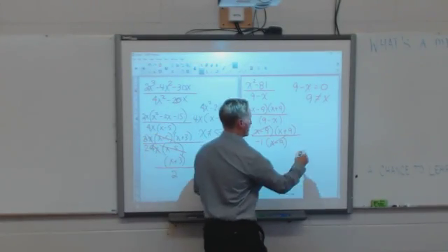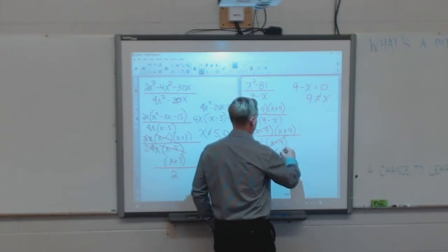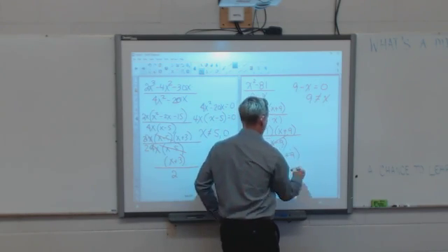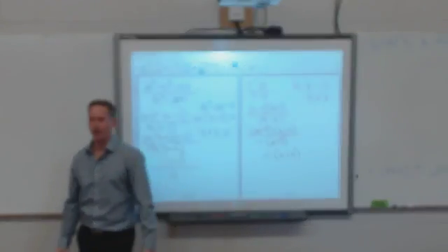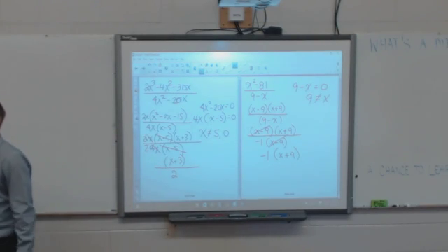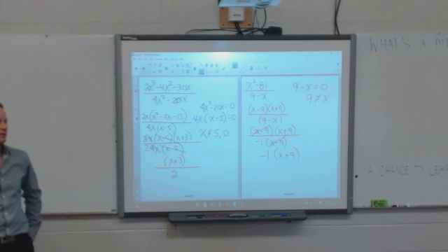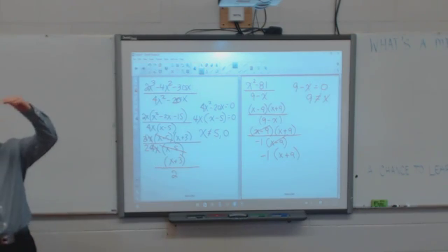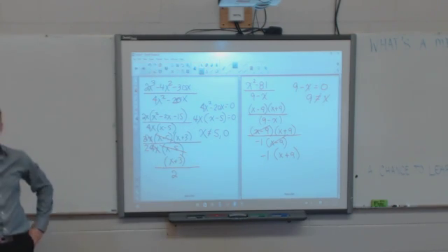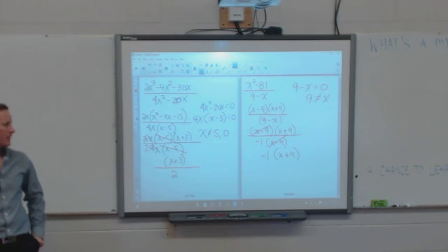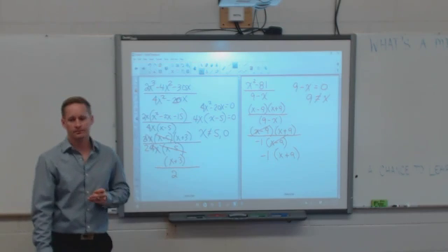So now, that crosses out. What am I left with? So -1 times x plus 9. And you leave it at that. Or you could leave it as x plus 9 over -1. It doesn't matter. Remember, it doesn't matter if the negative's on the bottom or it's on the top. Okay, it's the same thing. -3 over 4 is the same as 3 over -4.